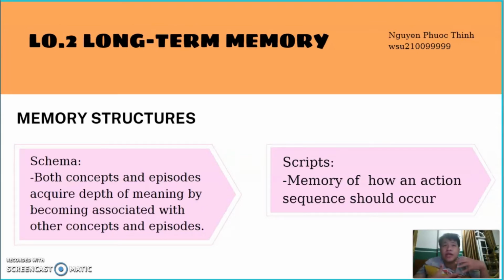It's just like that. We have a schema, like a concept, and an episode acquires deep meaning by becoming associated with the concept and episode. And the script is like the memory of how an action sequence should occur.